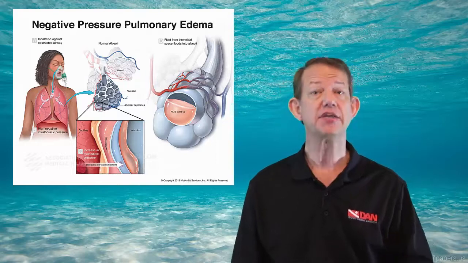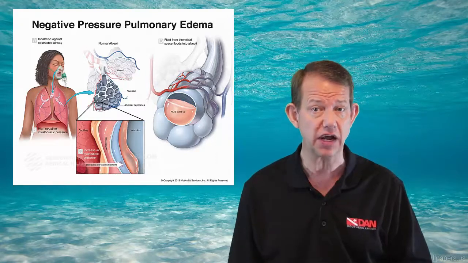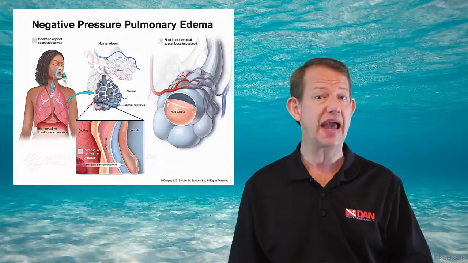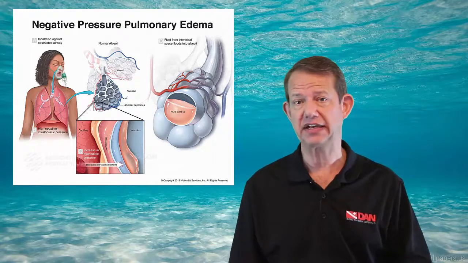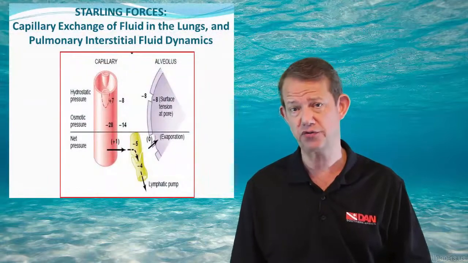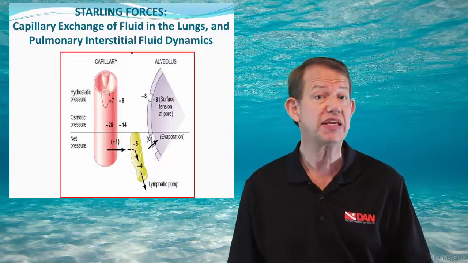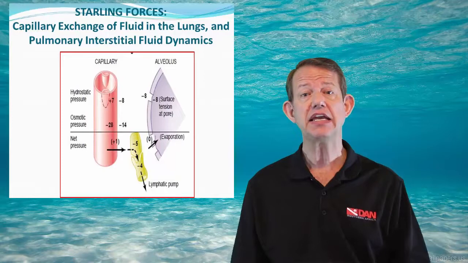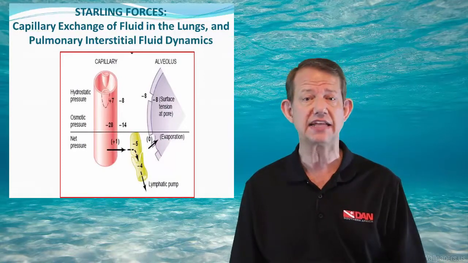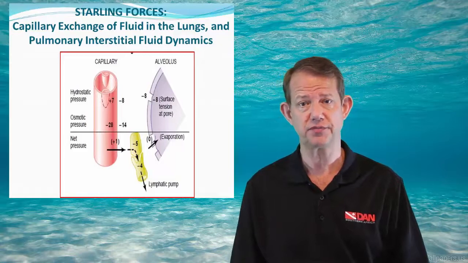Add to that the pressure that is in the alveoli, or the tiny air sacs of the lungs, and you have a variety of factors, all of which may be affected during diving. These factors are collectively known as Starling forces, and they can actually be quantified and placed in an equation that would allow you to calculate the net or differential forces.